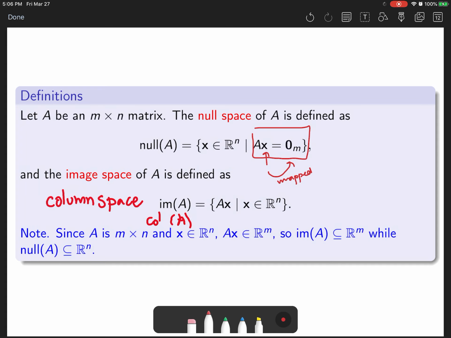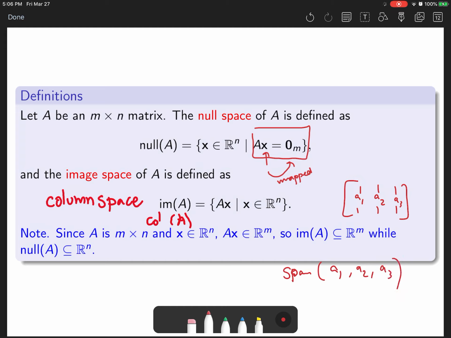The column space is really just the span of all of the columns of your matrix A. So, if we were working with a matrix A that had columns A1, A2, and A3, let's say, the column space would just be the span of A1, A2, and A3.